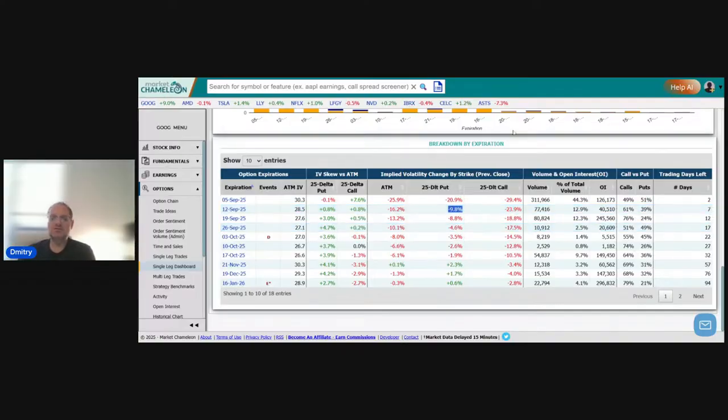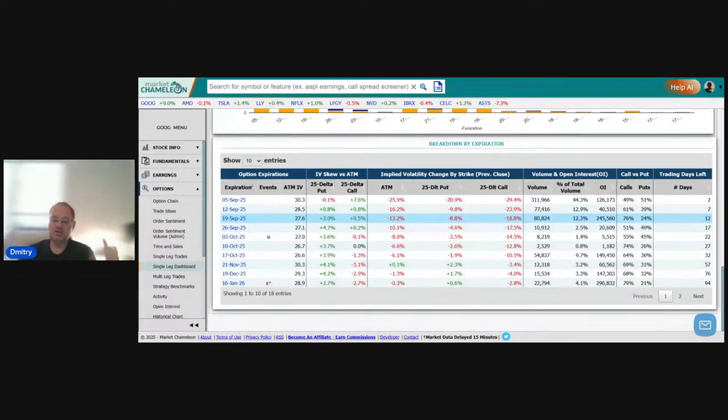And here, knowing that, we can then see, looking at the September 5th expiration, September 12th, September 19th, that the curve shifted lower across the board. The at the money, the 25 delta put and the 25 delta call all shifted lower. Here it shows that the upside was down by a bigger percentage than the downside put.